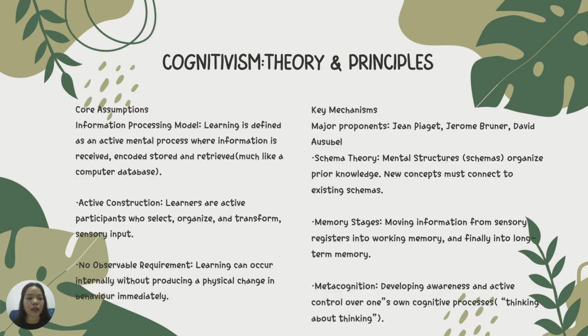Our brain takes sensory input, encodes it, and organizes it into mental frameworks called schemas. Rather than just collecting rewards, cognitivism says that we learn by relating new information directly to what we already know.